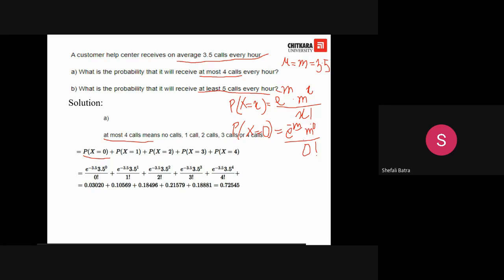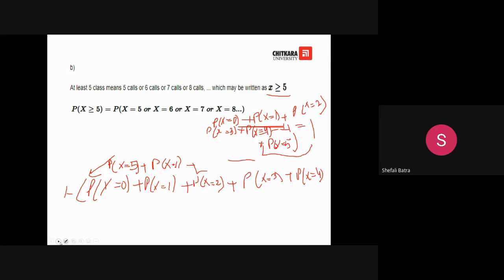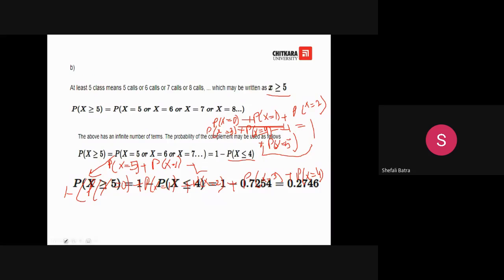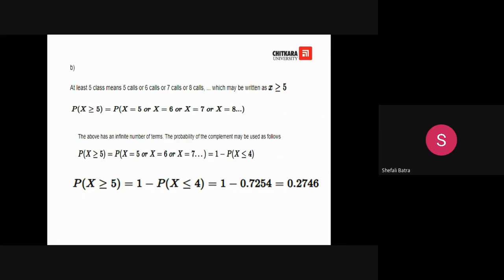So we can get the answer in the form of 1 minus P(x less than or equal to 4), and this we have calculated in the previous part, so the answer would be this. In this way you can solve these types of questions when at most and at least are asked.